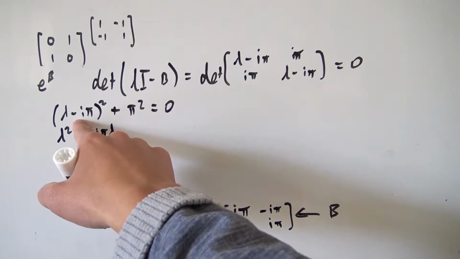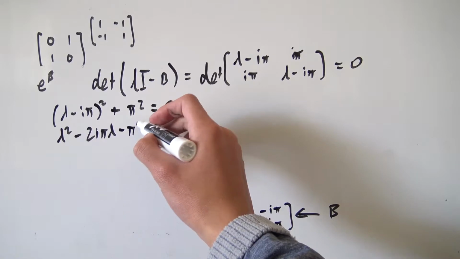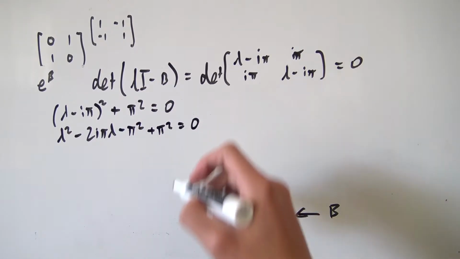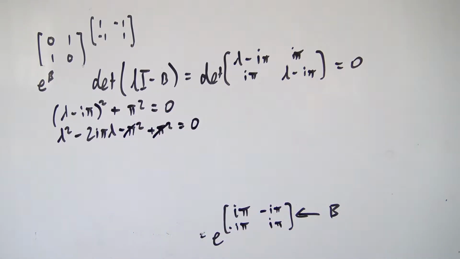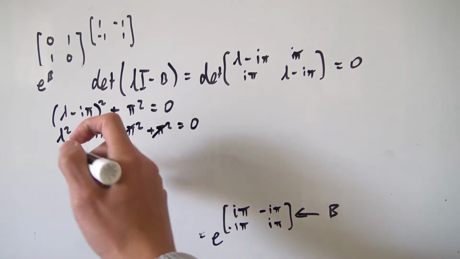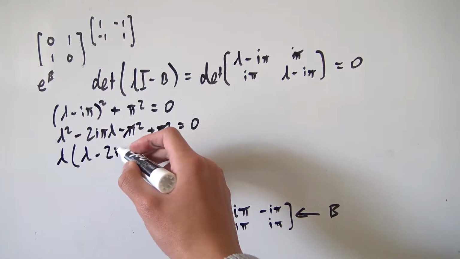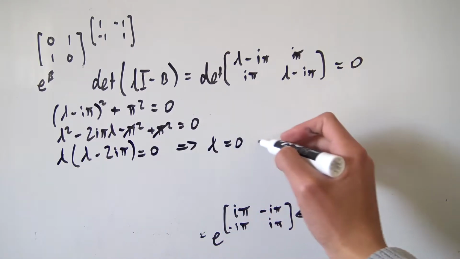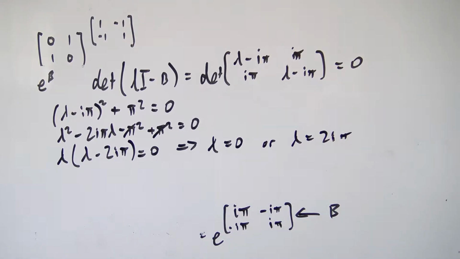But we have i squared right here, which is negative. So pretty much we have minus pi squared, then plus pi squared right here. We want to solve where that equals 0. Negative pi squared and positive pi squared cancel out. And then notice right here we can factor out a lambda. So we have lambda times lambda minus 2i pi equals 0. So that implies that lambda is equal to 0, or lambda is equal to 2i pi. So those are our eigenvalues.